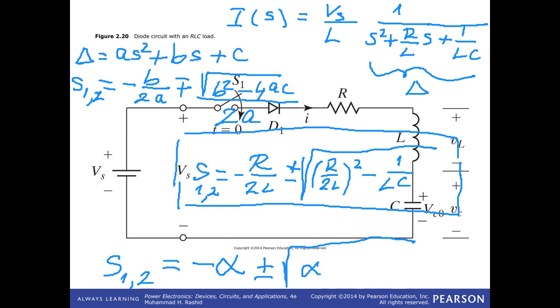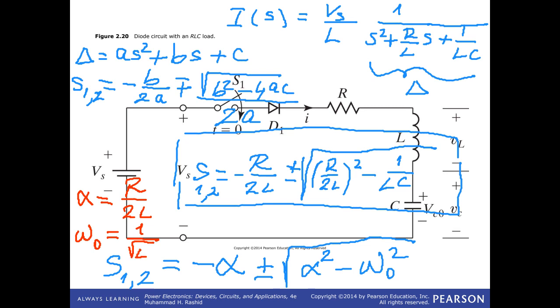Alpha is equal to R over 2L and omega o is equal to 1 over the square root of LC.